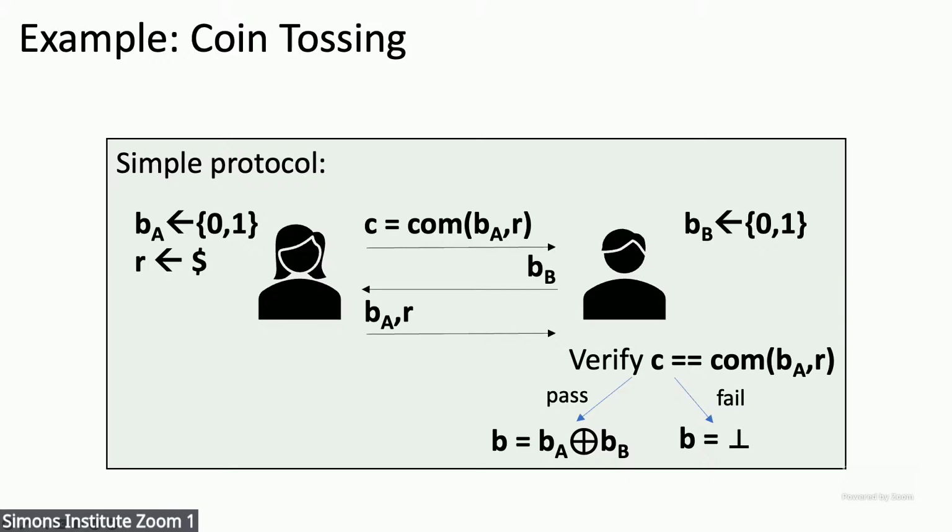So what does Alice do? She commits to a random bit, sends it to Bob. Bob sends a random bit to Alice, and then Alice opens her commitment, and the final bit that they agree on is the XOR of the two. Or Bob outputs bot if the verification fails, if Alice cheats. So this is a little different than how we normally think of coin tossing, but forget it.